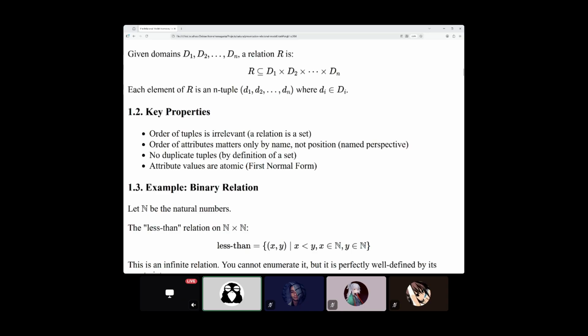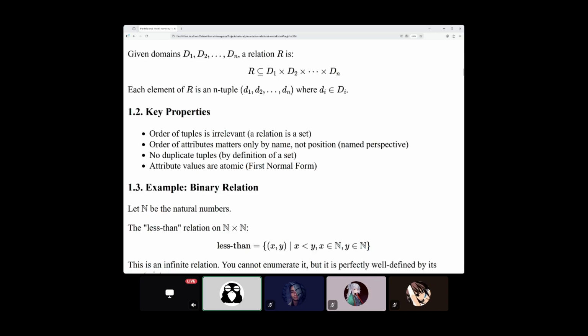That's a corollary; I would need to prove it, but forget about it. Every tuple, this is a set, right? So every element of the set is unique. Anyway, the order of tuples is irrelevant.